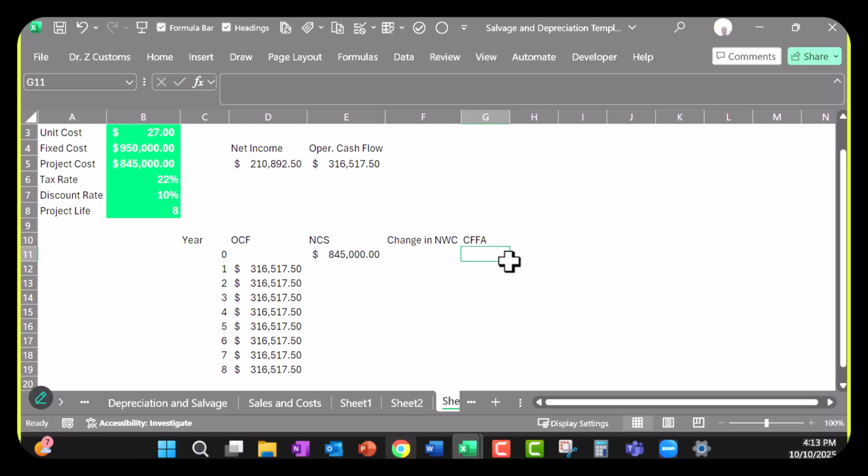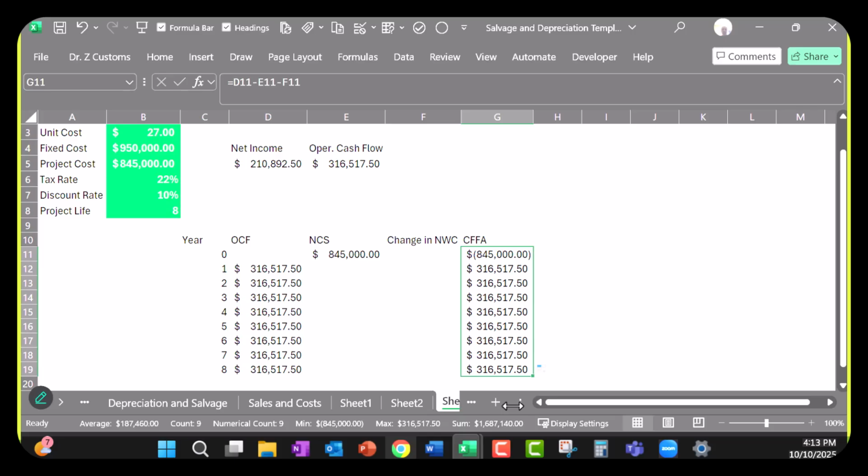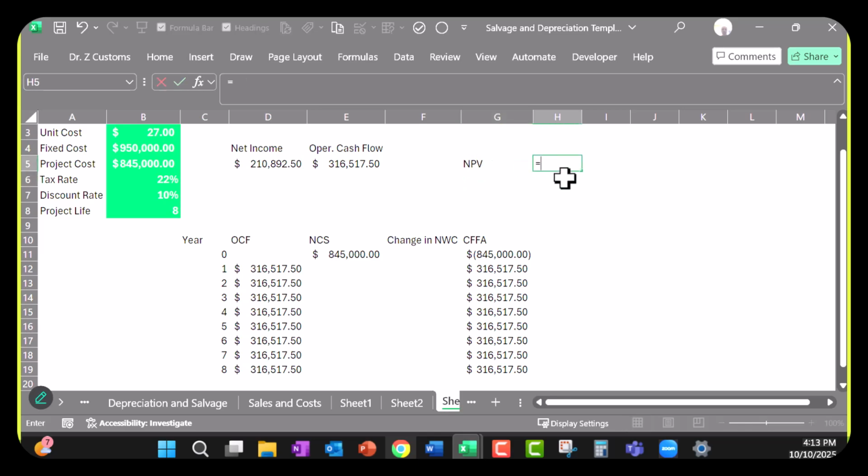So cash flow from assets is OCF minus net capital spending minus change in net working capital. Right? And we can calculate NPV easily. And we could also use the template, but I'm going to use this one here.